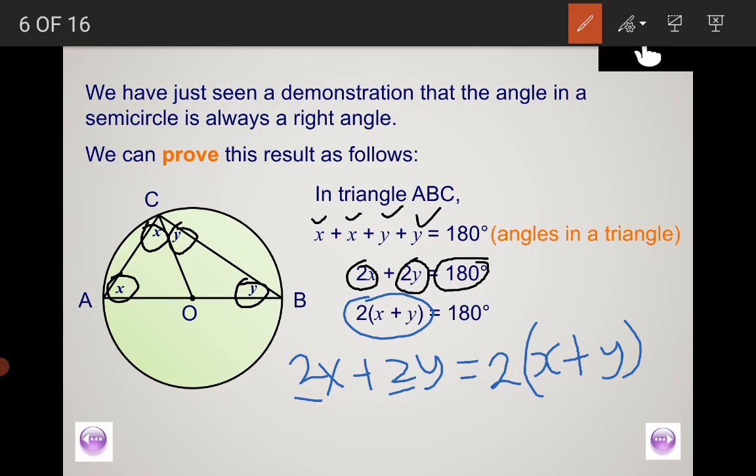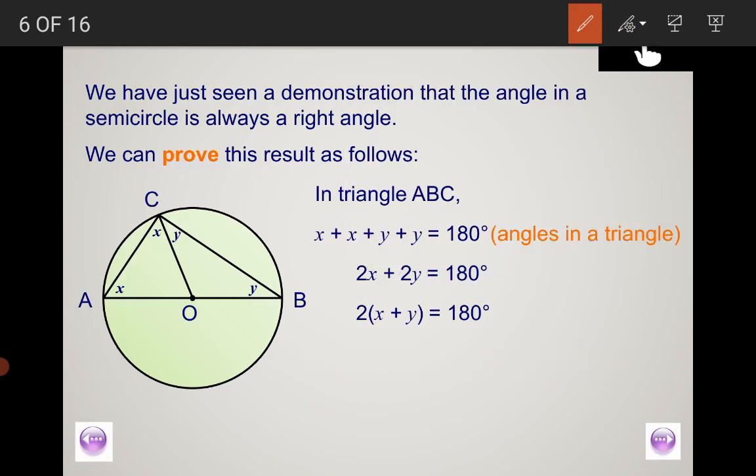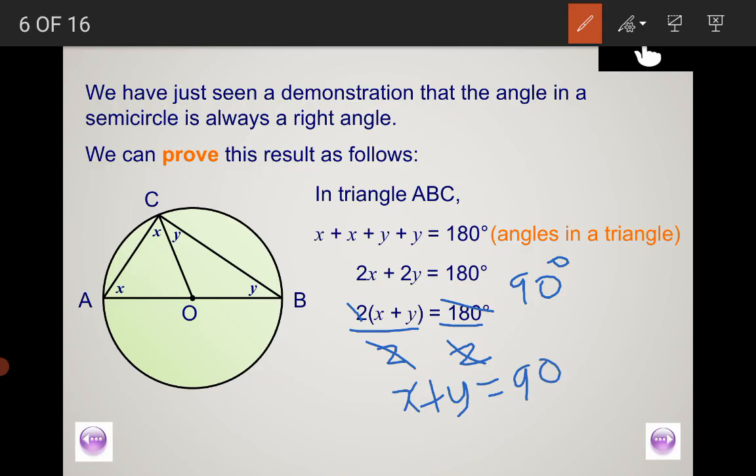Okay, so equate these two to 180 degrees. All right, so if that's the case, now you can safely divide both sides by 2. If you divide both sides of this equation by 2, this will give you 90 degrees. So that x plus y will be equal to 90 degrees.